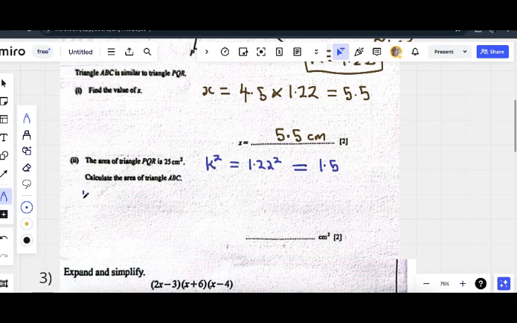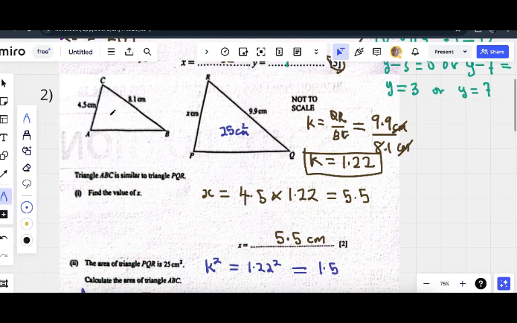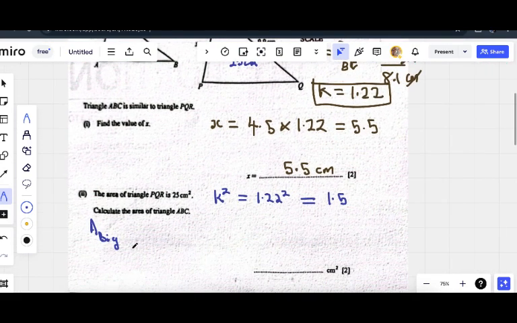So permit me to write A big, which means area of the big triangle. A big, or A large, means area of the large triangle. We are looking for the area of the small one. So we say A small, not A big.